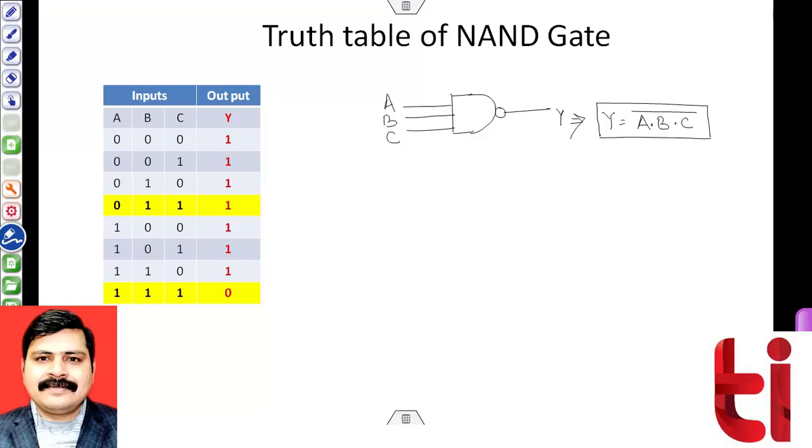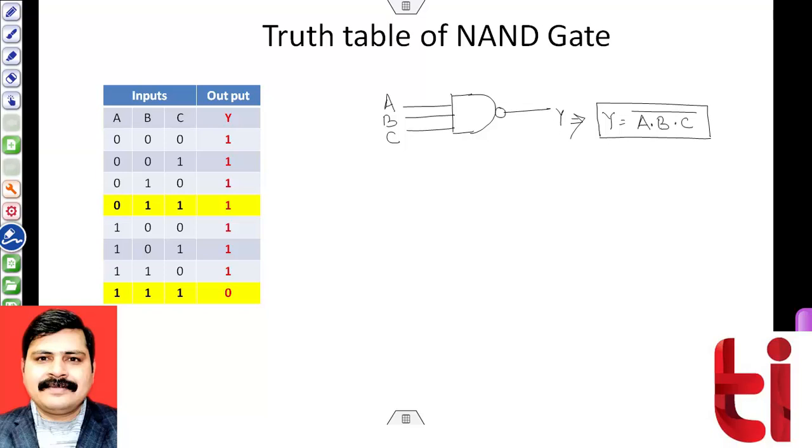So now you can check from the truth table. There are total 8 possible combinations, and out of the 8 combinations, the 7 combinations having the situation when any one input is 0. So among the 3 inputs A, B, C, you can check from level 0 to level 6, either input is 0.